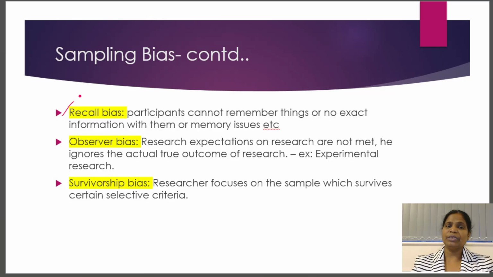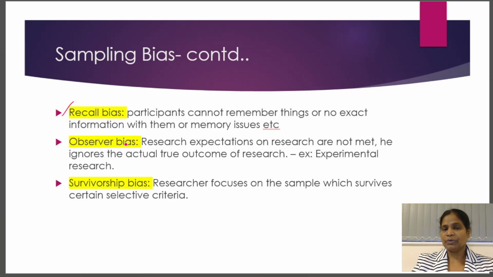They cannot remember things, or some might have memory issues. So here we call it recall bias. Participants cannot remember things or know exact information, or have memory issues. Sometimes if you're doing research on PTSD, they may not be able to recollect exactly everything that happened during that time.